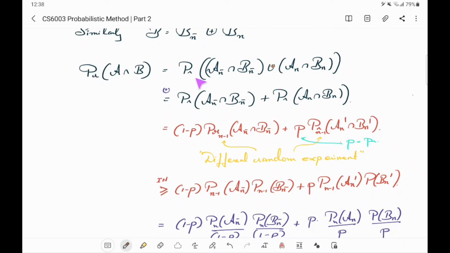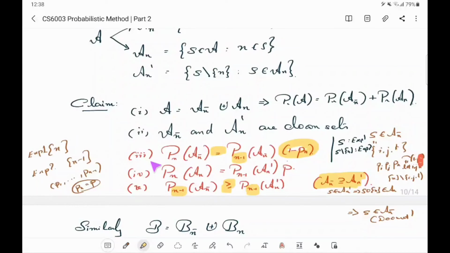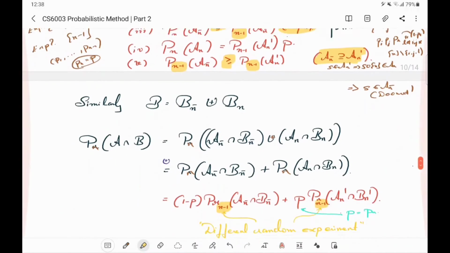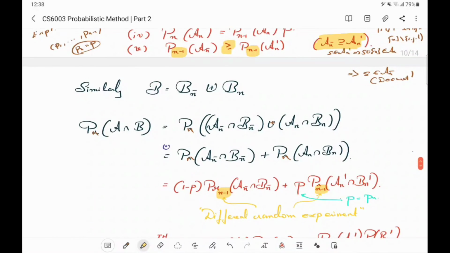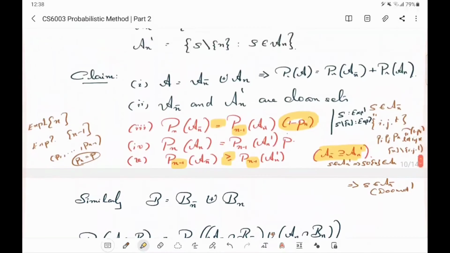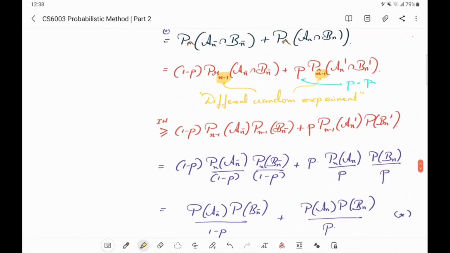So this P, without any subscript, you should think of as the n case. Suddenly I am moving from the first experiment to the second experiment, and this 1 minus P and P come essentially from claim 3 and claim 4. That's where this 1 minus P and P come in. I would also make a mistake if I try to reason it out, so it's better to refer back to the claims.